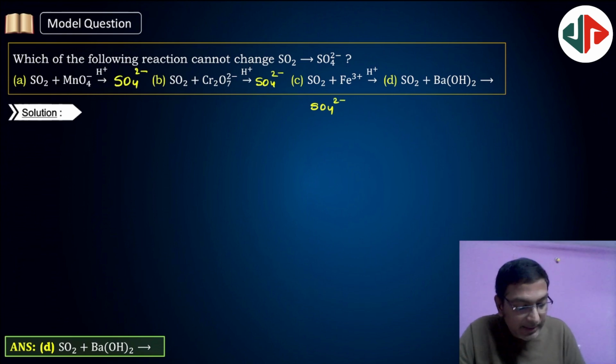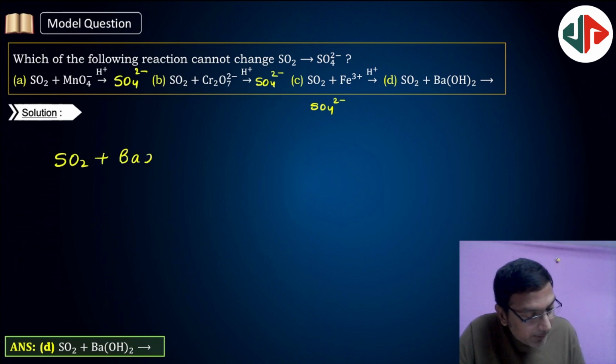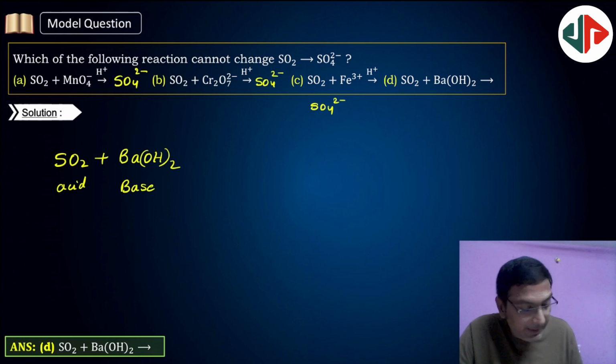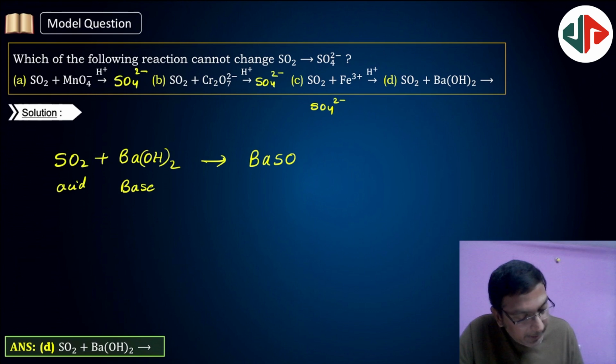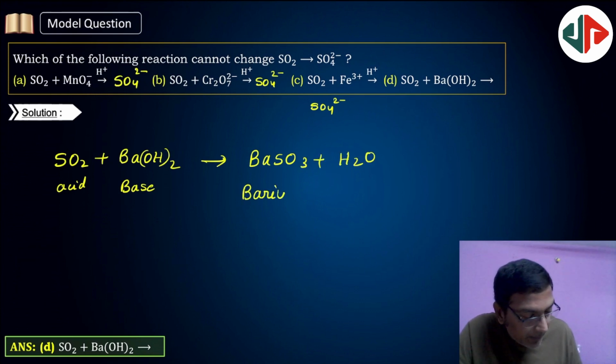Next, last reaction: SO2 plus Ba(OH)2. So this is base and acid. Simply a neutralization reaction. BaSO3 plus H2O. Barium sulfite, that is Ba2+ SO3 2-.